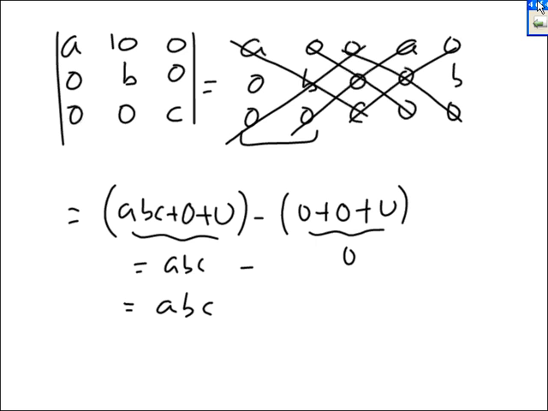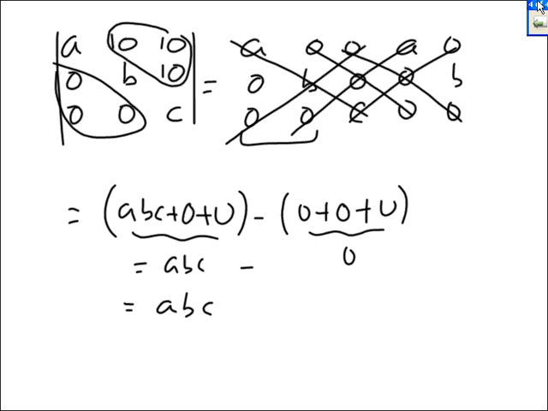Even if these zeros up here were 10, it'll still turn out to be the product ABC. If everything below the diagonal is 0, or everything above the main diagonal is 0, the answer will be the product of the entries on the diagonal.